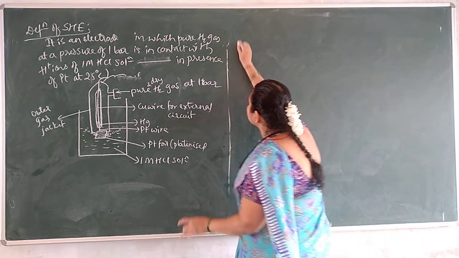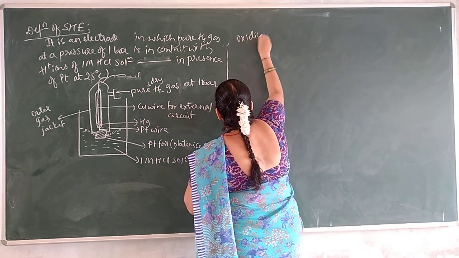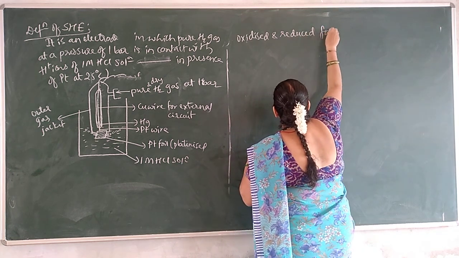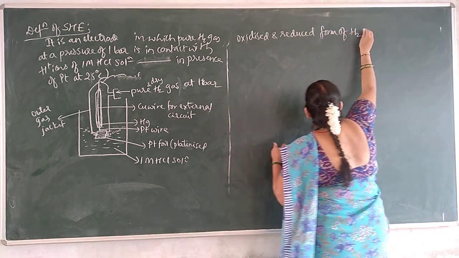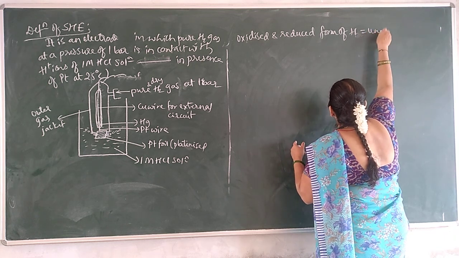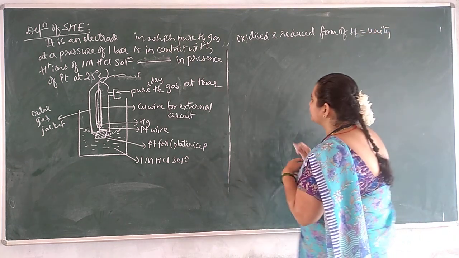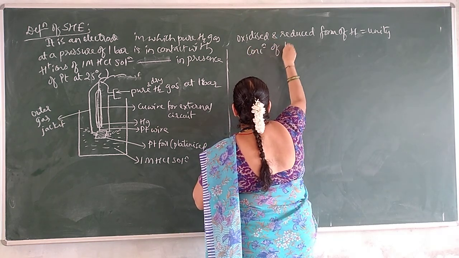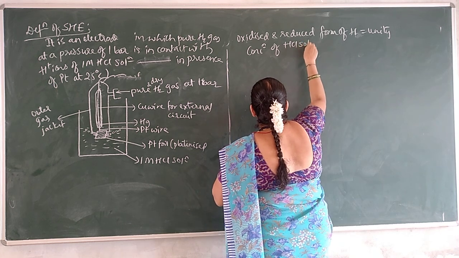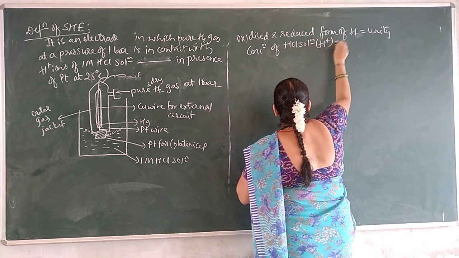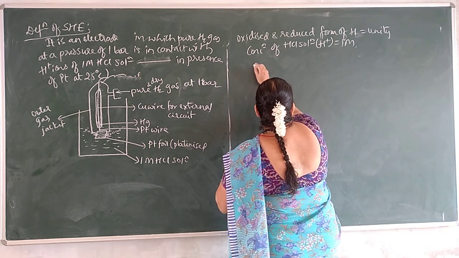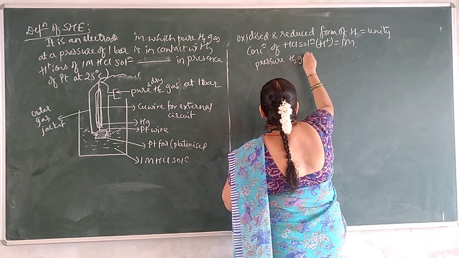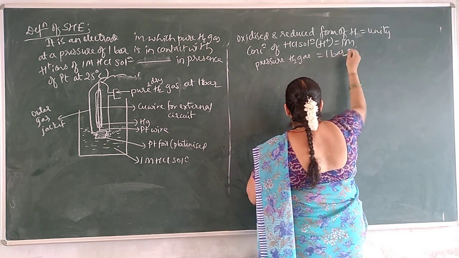Here the oxidized and reduced forms of hydrogen remain at unity in the standard hydrogen electrode. That is, the concentration of the HCl solution, that is H plus ions, is 1 molar, and the pressure of hydrogen gas passed is 1 bar.